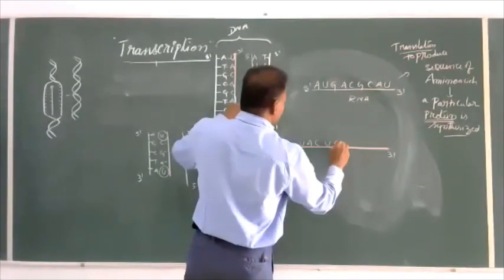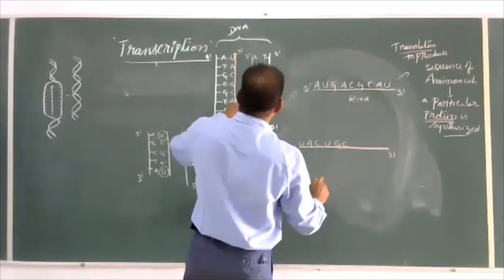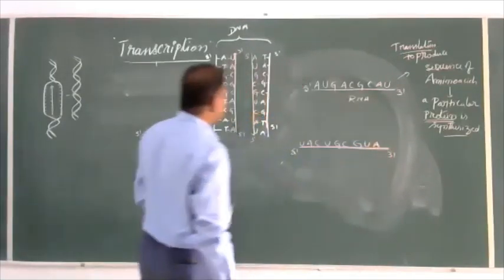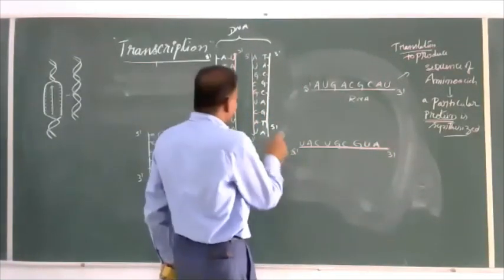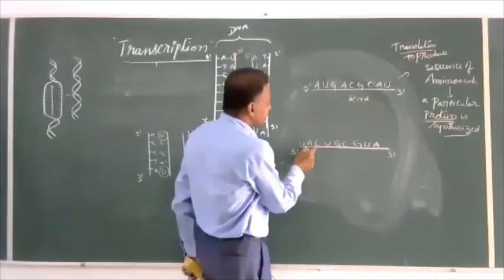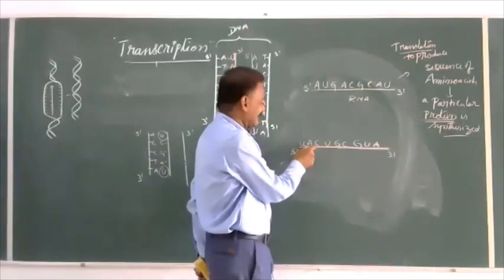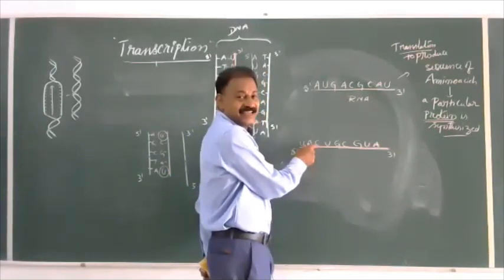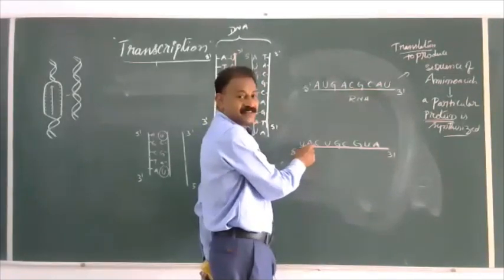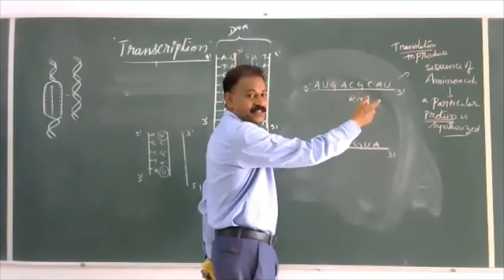UGC, GUA. From the same DNA, this sequence is different, which produces UAC, meaning some other amino acid.